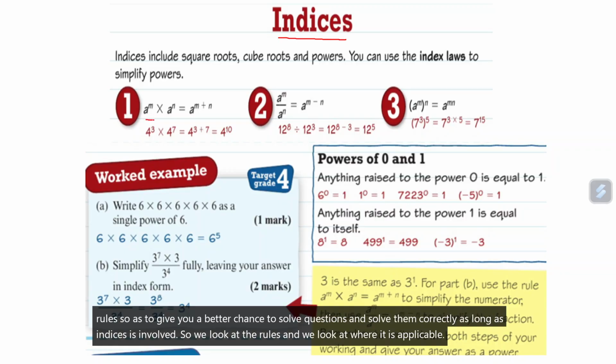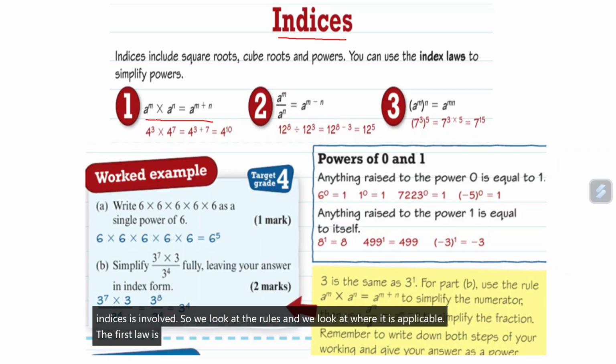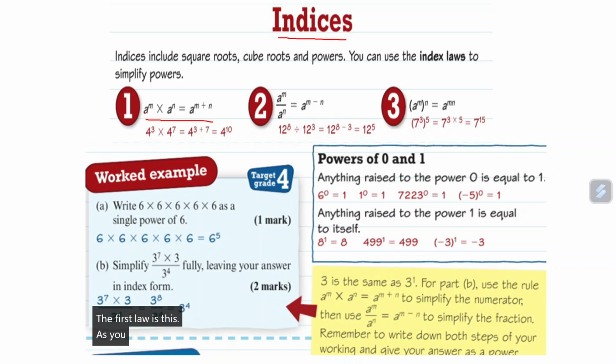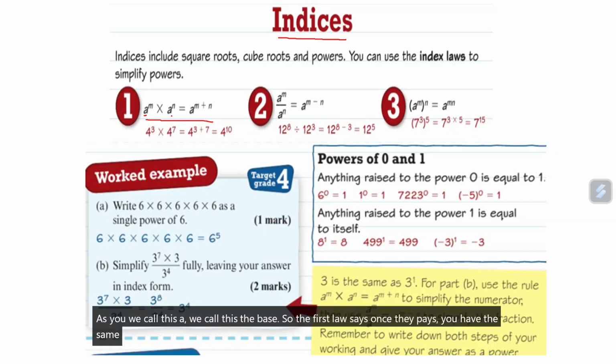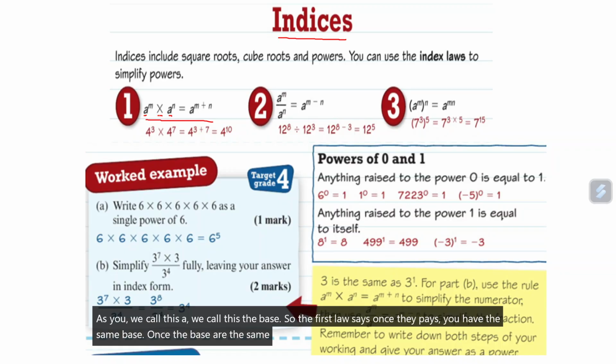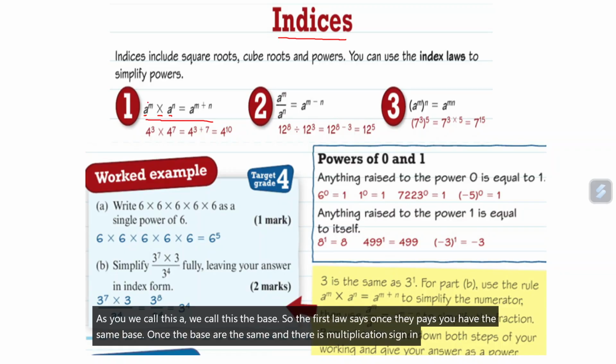The first law is this. As you know, we call this the base. So the first law says once you have the same base, and there's a multiplication sign in between, you add the powers together.